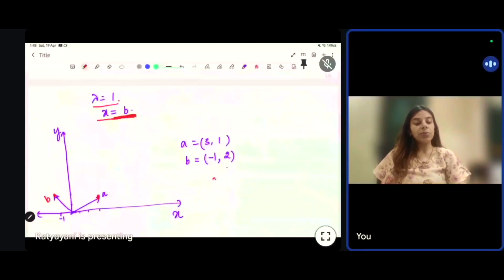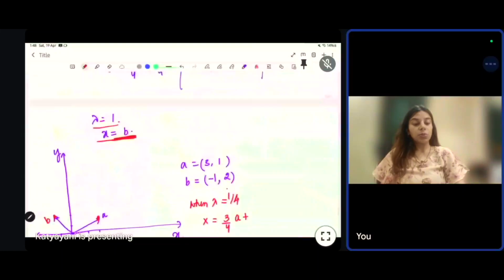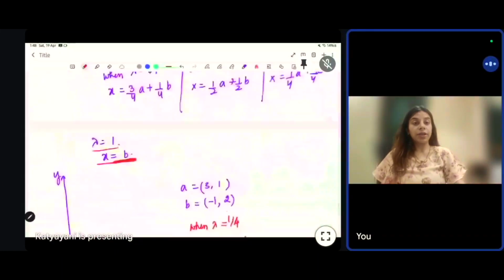Now let's see what happens when lambda takes a value 1 by 4, right? So when lambda takes a value 1 by 4, then x has to be equal to 3 by 4 times a plus 1 by 4 times b, right?